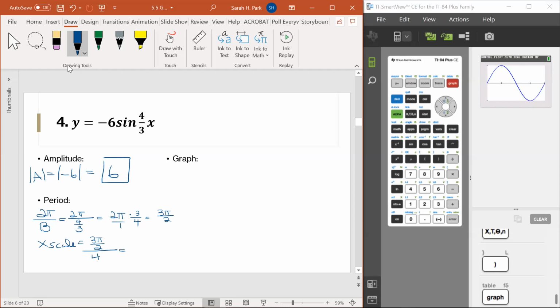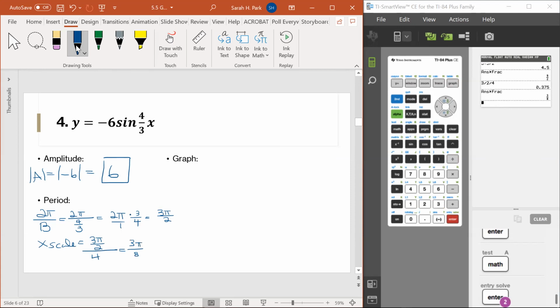I'm just going to put that in the calculator. So do 3 over 2, divide by 4, and let's make that a fraction. We get 3 over 8, so that's your scale, or 3 pi over 8, rather.